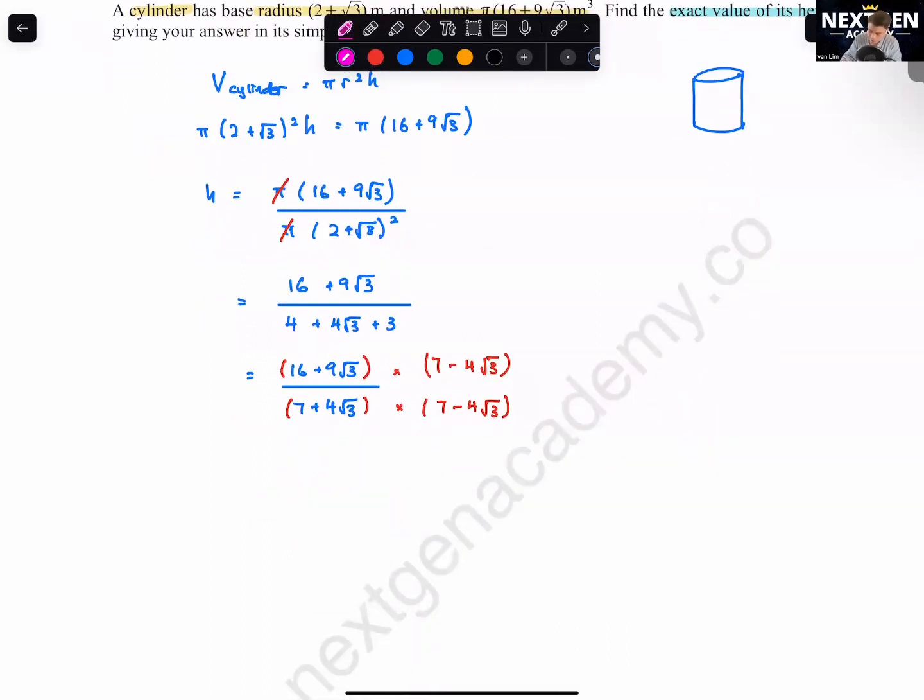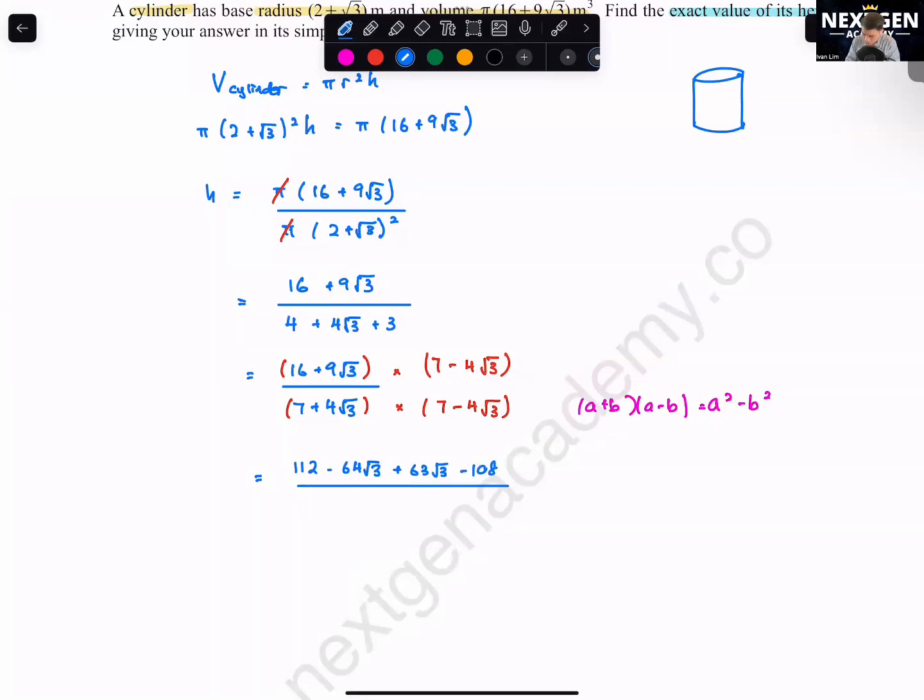Okay, why? What's the logic behind it? Because (a + b)(a − b) equals a² − b², and when we square a square root, the square root will disappear. On the top, what do you get? 16 times 7 is 112, minus 64√3, plus 63√3, minus 108.